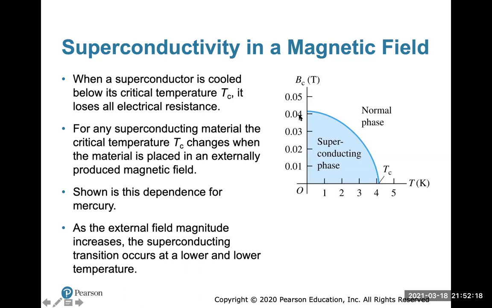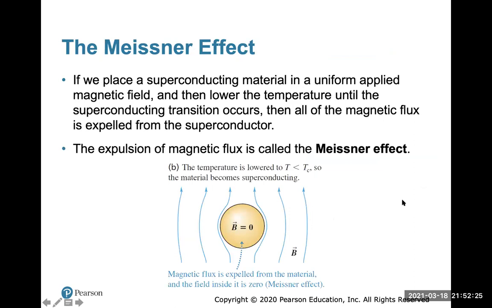But it's also true that the magnetic flux is excluded from the sample. The magnetic field lines no longer pass through the superconducting sample. And we call that the Meissner effect.